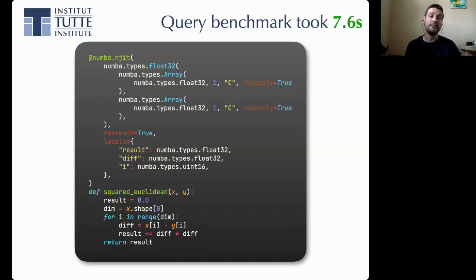If you're willing to invest more effort, including experimenting with exactly how to write the function, turns out multiplication's faster than squaring, for example, and adding a lot of type information to the decorator, which can really help Numba squeeze out every last bit of performance, we get something like this. This is more complicated, but the end result, we get down to 7.6 seconds on the benchmark. So there is still more performance you can get if you're willing to put in a little more effort and write a little more code.